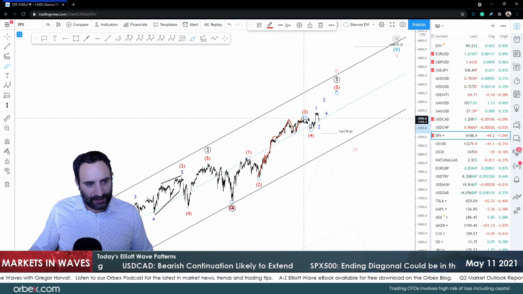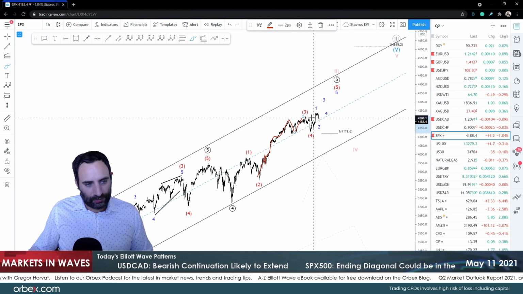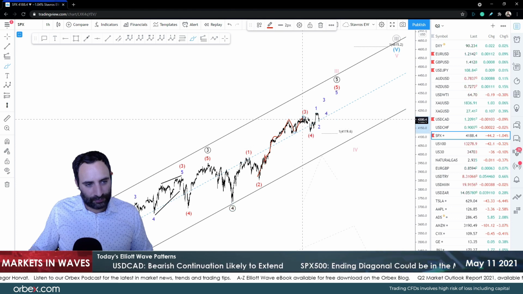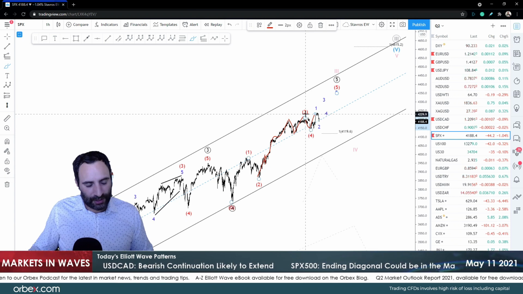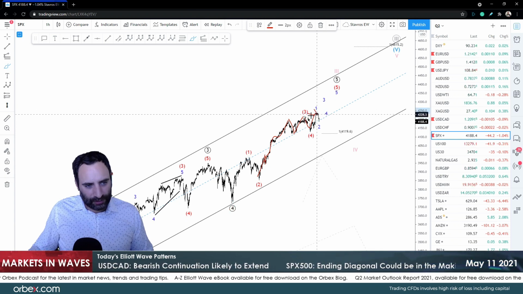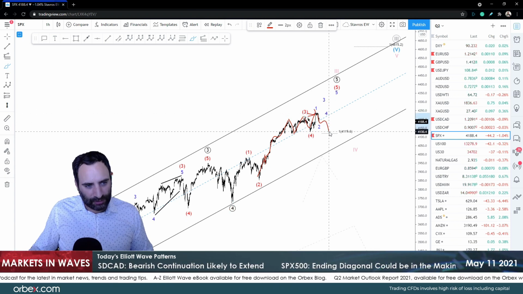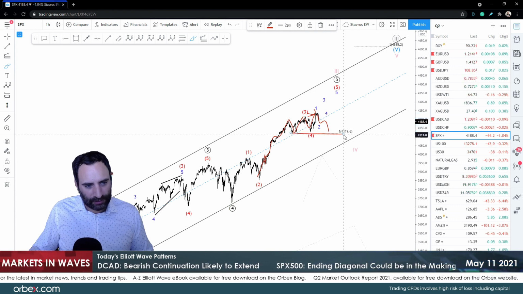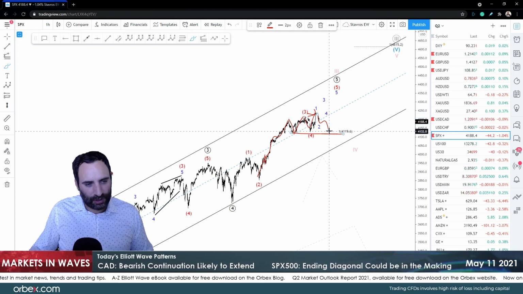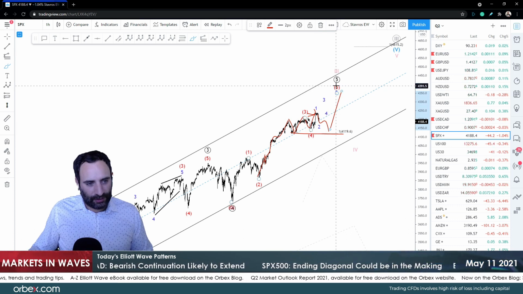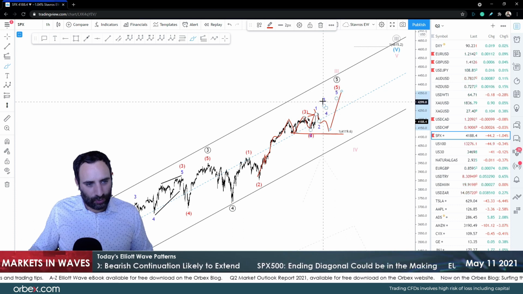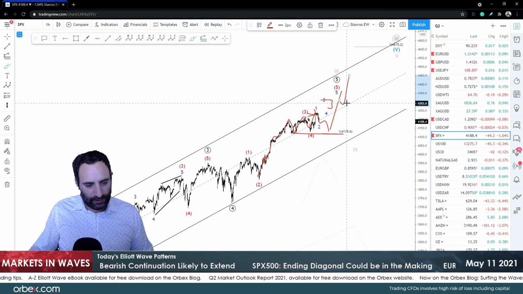Which means wave 3 could be here, and then we could get a correction down here. We're going to have a triple bottom at around 41.20 or so, and then a continuation to the upside to take out wave 3, then 4 and 5.